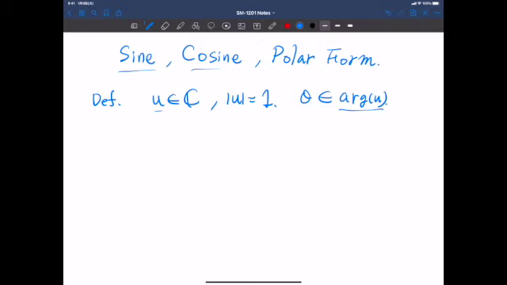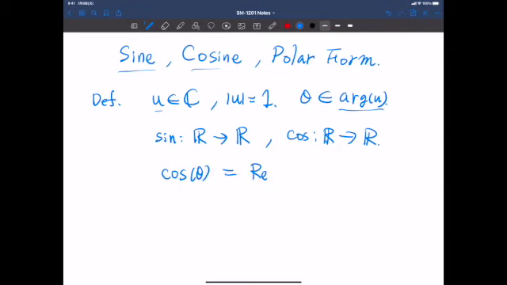Then we define two functions, sine from real to real and cosine from real to real. By this, cosine theta is the real part of U, and sine theta is the imaginary part of U. So here's the definition.